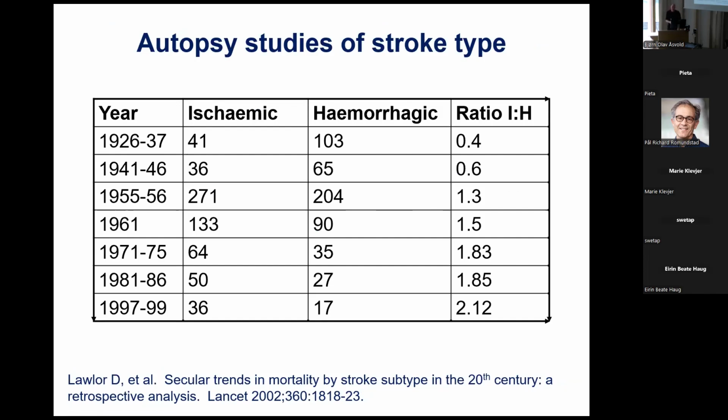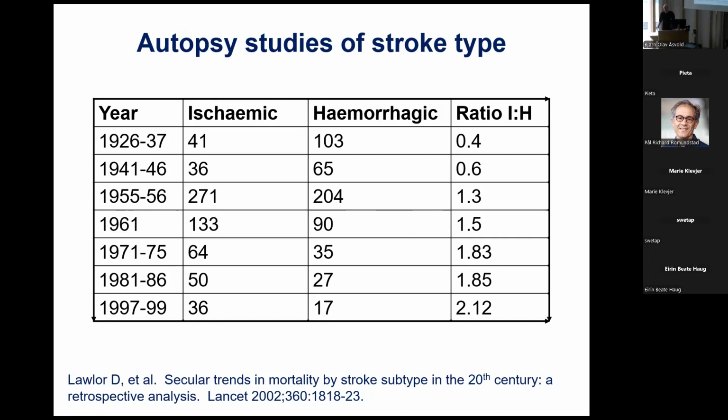Deborah Lawler, while doing her PhD, looked at stroke type, the crude distinction between ischemic and hemorrhagic stroke, and found every autopsy study in the UK she could find, and the ratio of hemorrhagic to ischemic strokes reported.